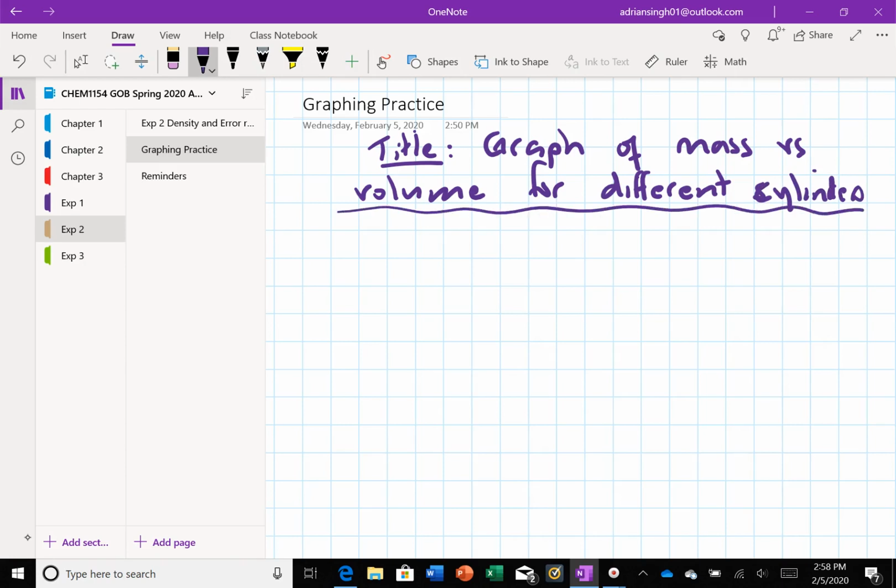Right, so you can choose that as your title, or you can make up your own, but it should be a descriptive title that describes what it is that your graph is going to contain.